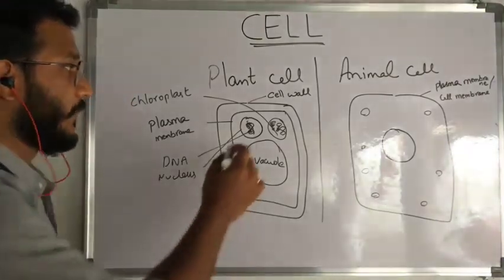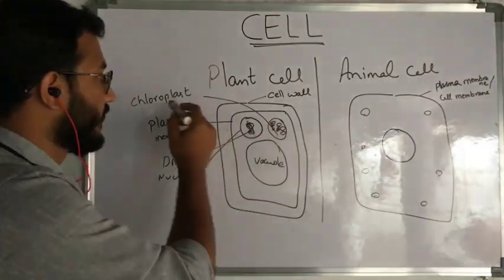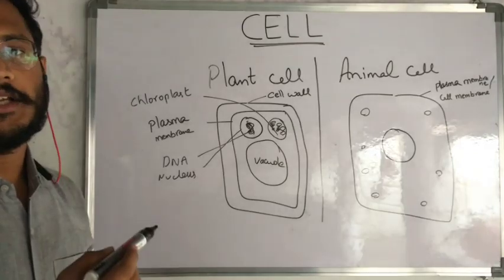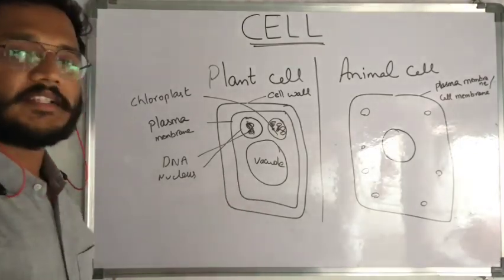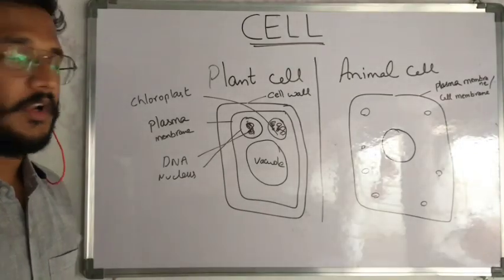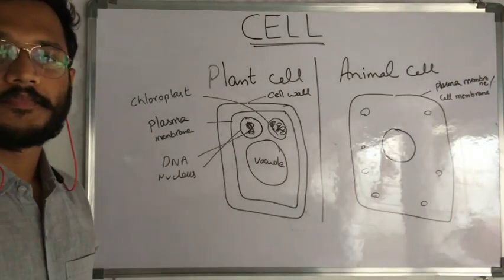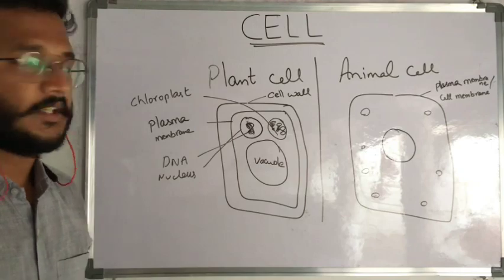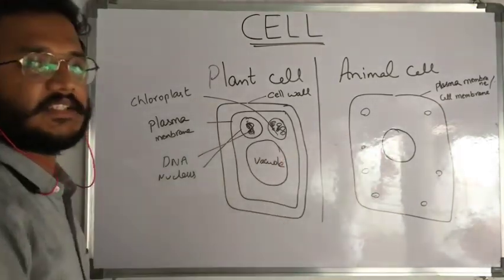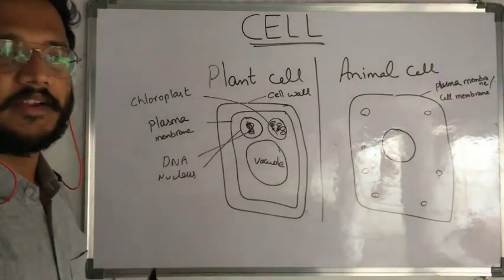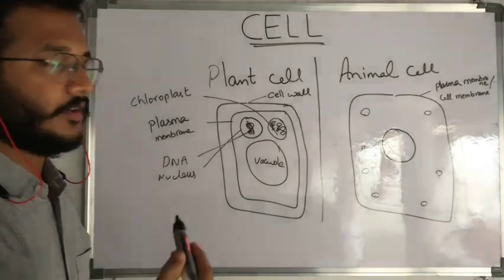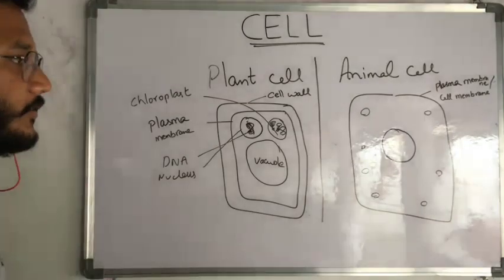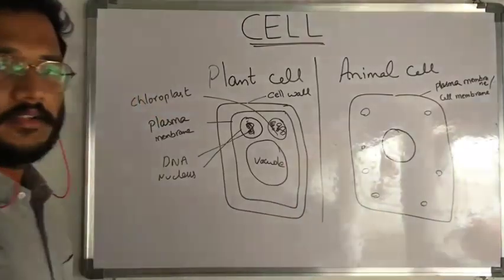See here, the chloroplast is present in the plant cell. That's why plants prepare their own food with the help of chloroplasts by the process of photosynthesis. We don't have such plastids, that's why we are dependent on plants for food. Understanding? So we do not have plastids.